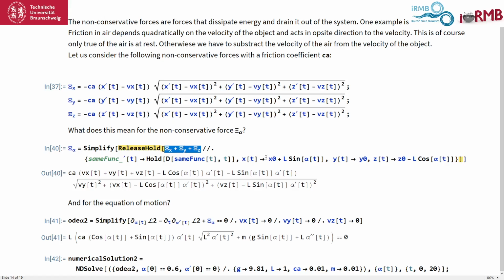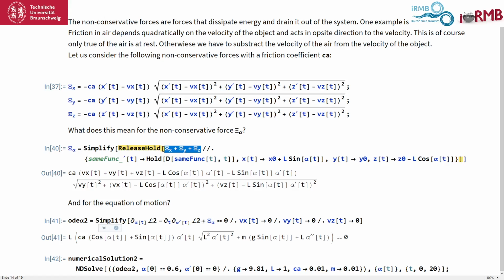So we do what we just learned. We hold this and then we replace the x, y, and z with our constraint. And what drops out is the force in alpha. So we now have the force in alpha.